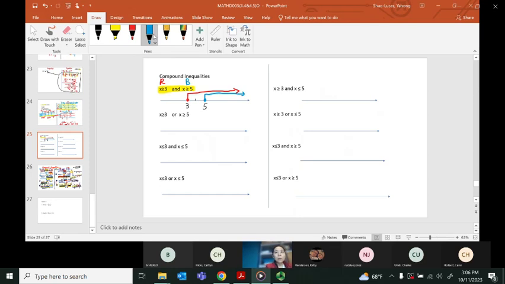Okay, so here's the question. What numbers are under both lines? Some numbers are under red lines, some numbers are under blue lines, some numbers are not under any lines.